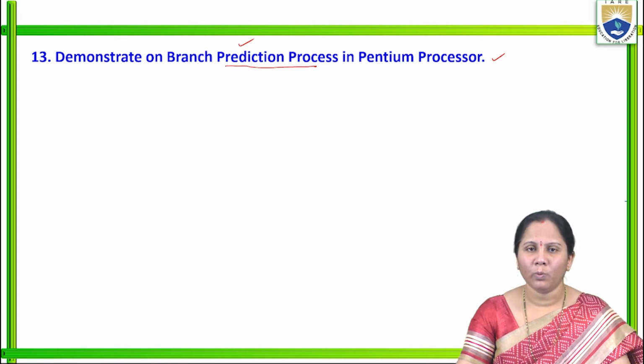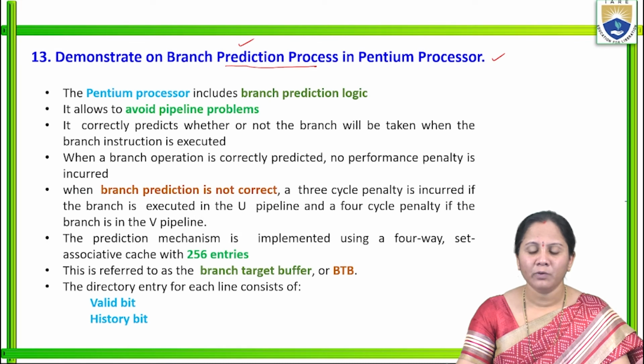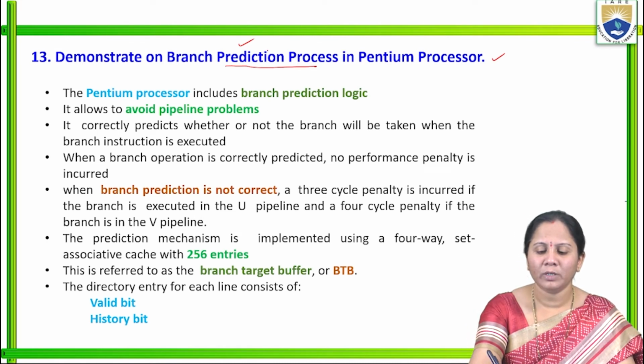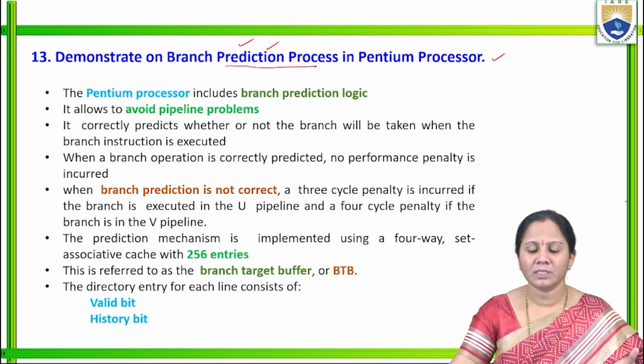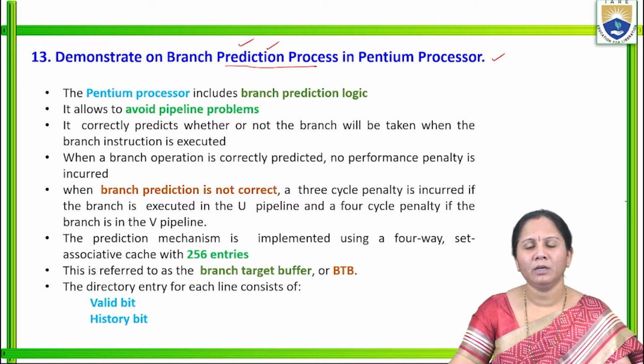In order to overcome that drawback, we are going to use one important logic which is called branch prediction logic. That means using this logic, we can predict before itself the occurrence of the branch so that the problem can be avoided.